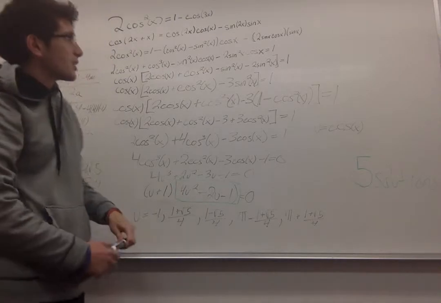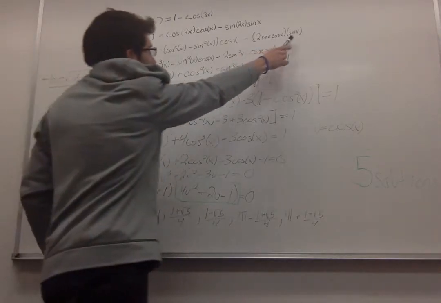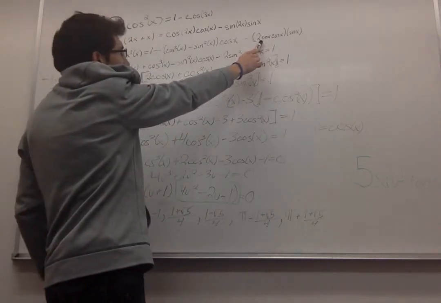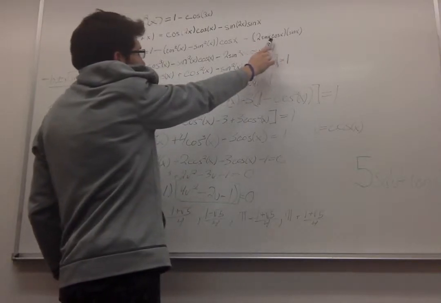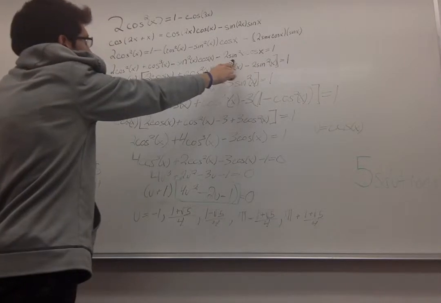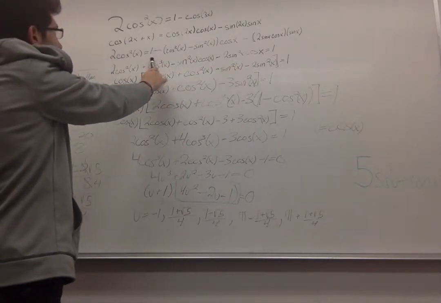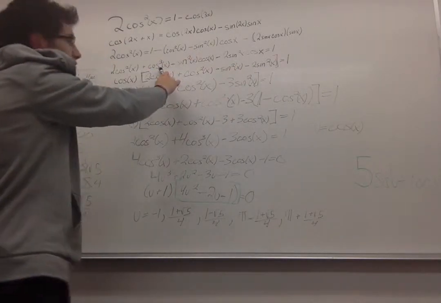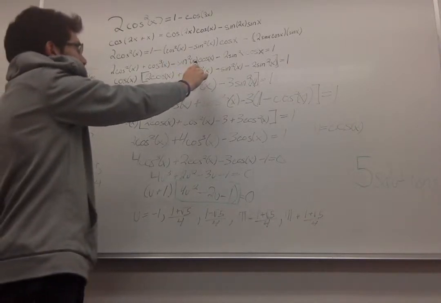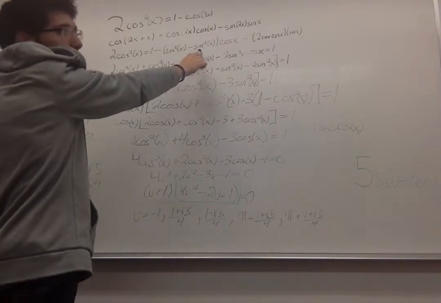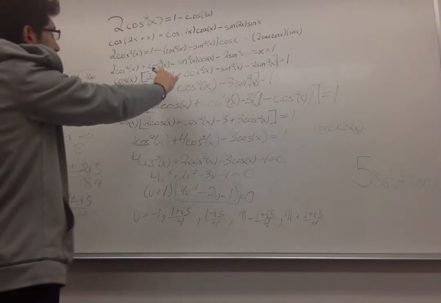If you're wondering where I got that from, I distributed the sinx to the 2sinx cosx, so you get this, and you put it on the other side of the equation, so that's why it's minus. And the same for cos³x and sin²x cosx. Just distributed it and then brought it to the other side of the equation.